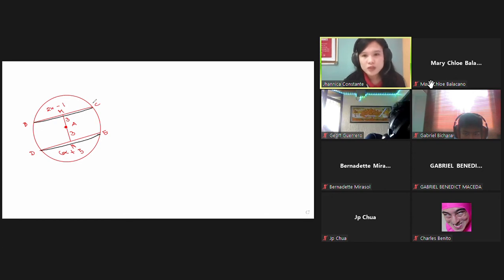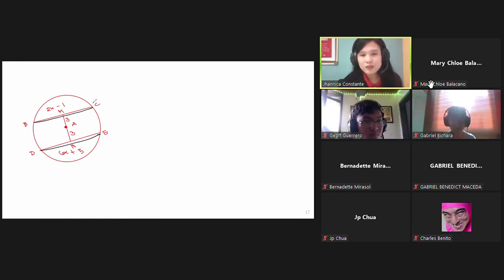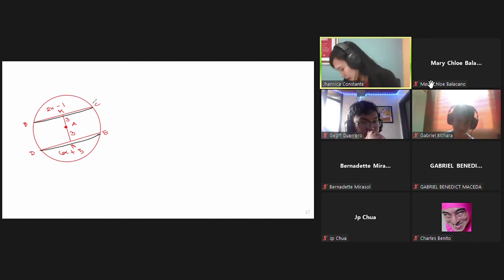If these two chords are equidistant from the center of our circle, at a distance equal to 3 units, what is the exact measurement of our chord BC?